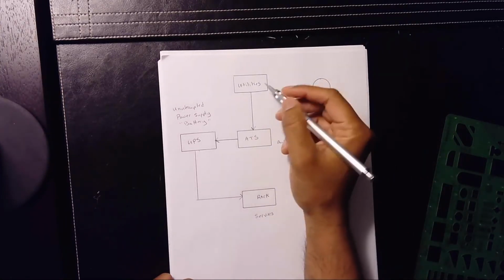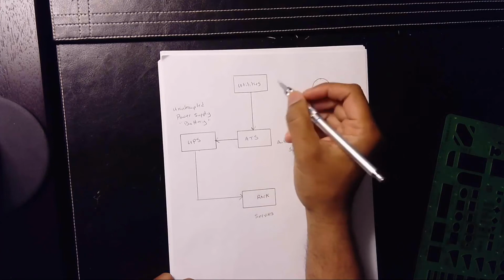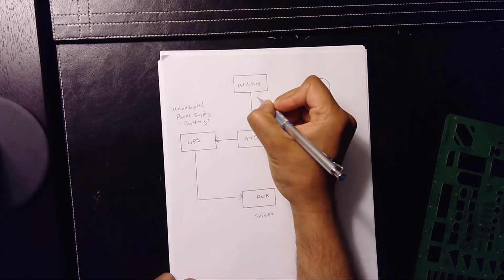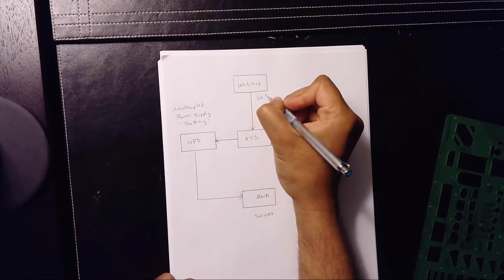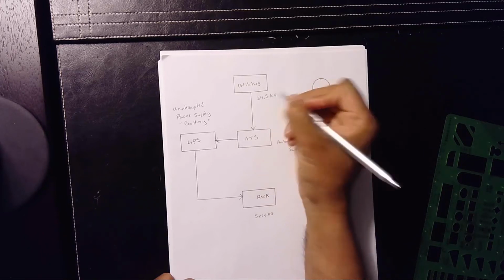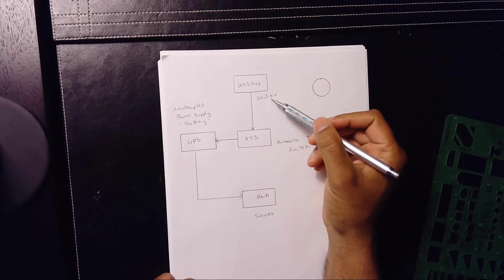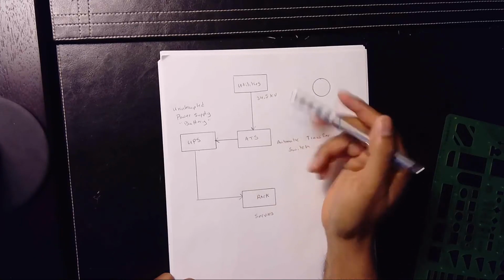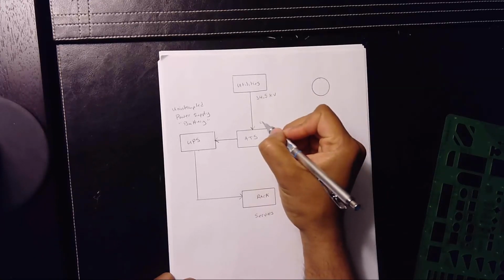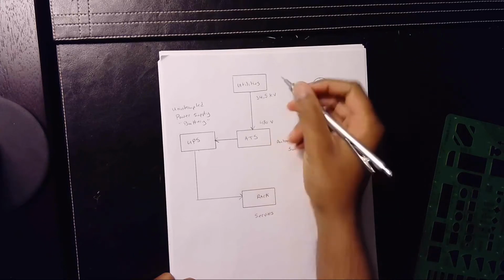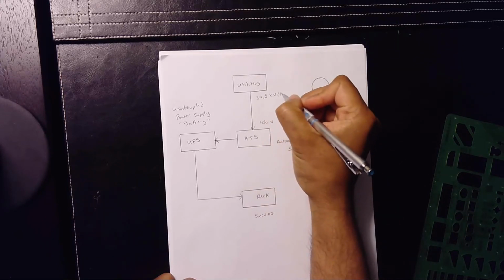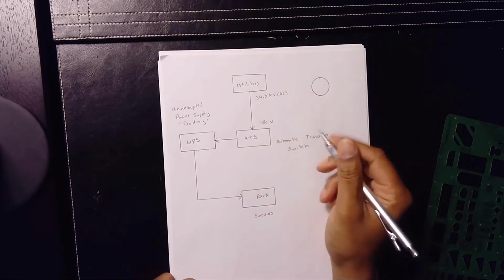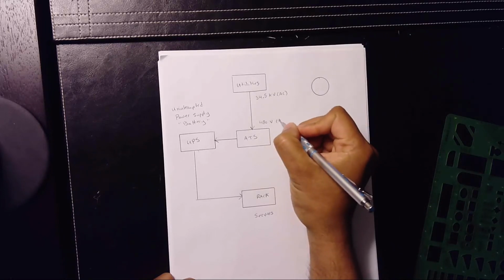So the utilities can range, right? Utilities start at the data center at 34.5 kV, which is kilovolts, which is 34,500 volts. There's a voltage drop to 480 volts. This voltage here is AC.